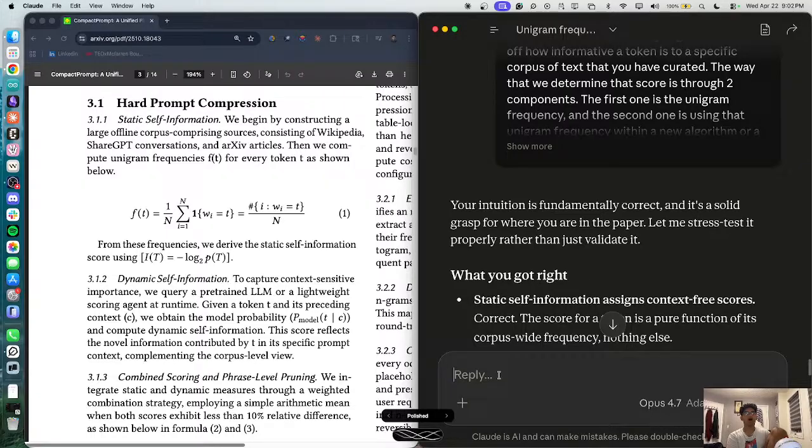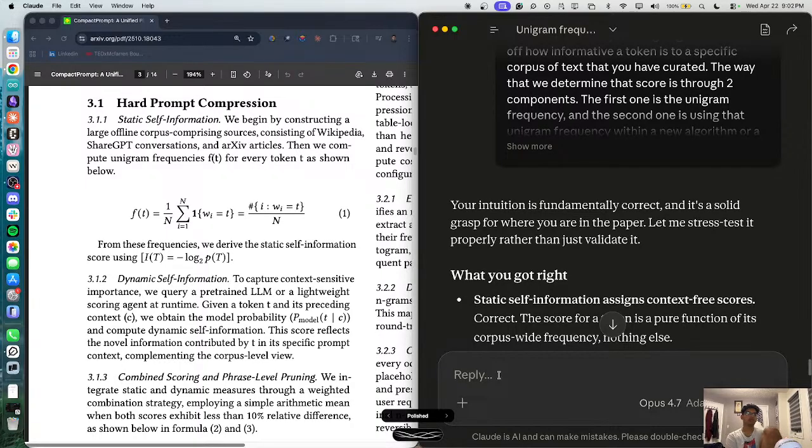And then based off of that, we derive the static self-information score using a specific formula, which is I(t) = -log2 p(t). I haven't learned that formula yet, and that is something I'll do later on, so that isn't the biggest of concerns. But basically we're taking the unigram frequencies that we built and feeding them into that formula to find the static self-information score.